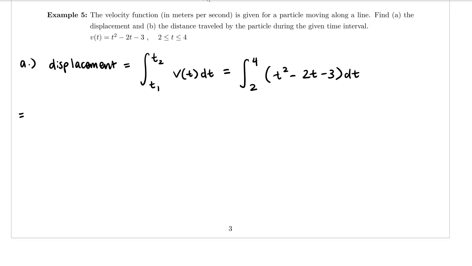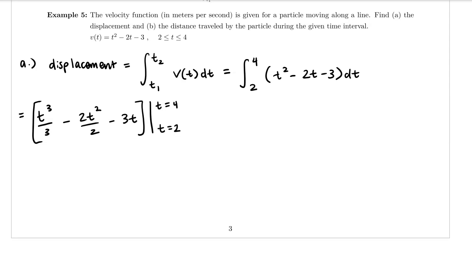So I'm going to go ahead and use the power rule. I'm going to increase my power by 1, divide by that new power. Same thing for the next term. And I want to evaluate this expression from t equals 2 seconds to t equals 4 seconds. So let's go ahead and plug those in.